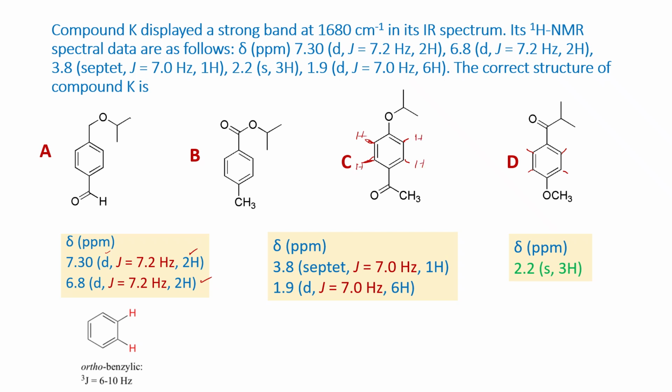And of course, one value is 7.3, another is 6.8, and we will have to make out which is which. As you know, in this particular case, there is oxygen on one side and a carbonyl group on the other side. Likewise, on this molecule also there is a carbonyl group and there is an oxygen.